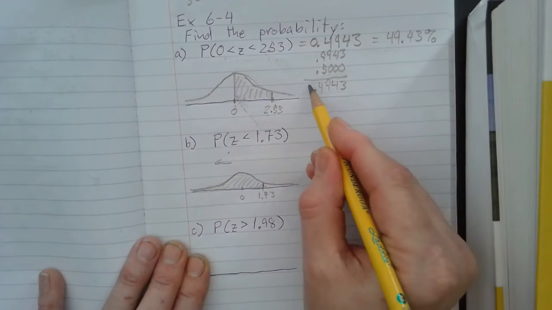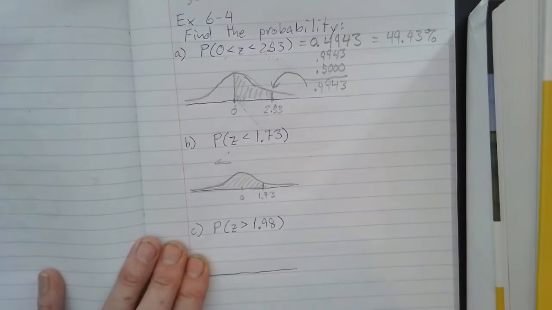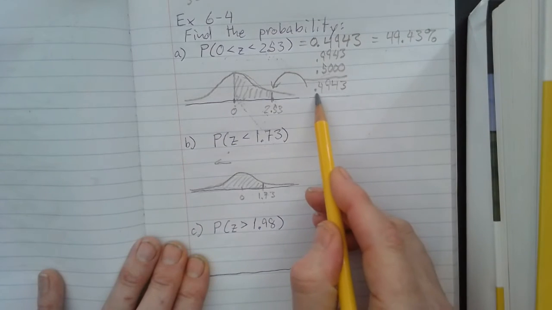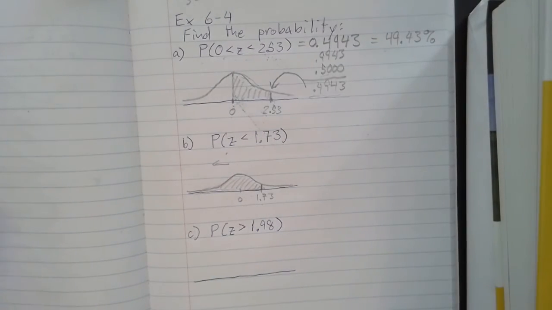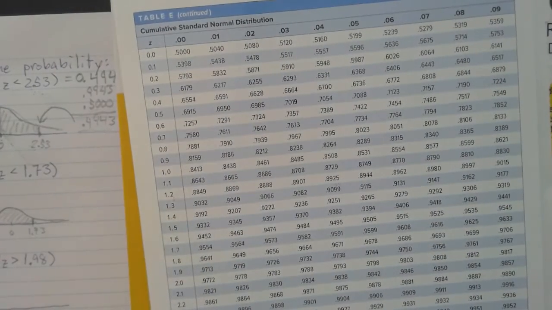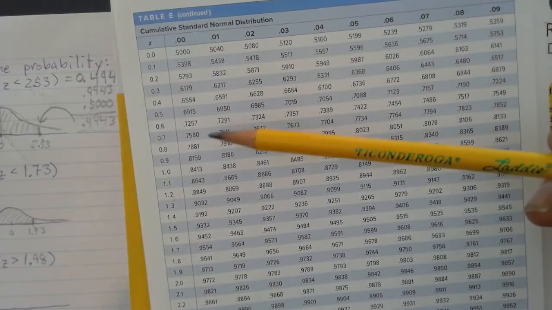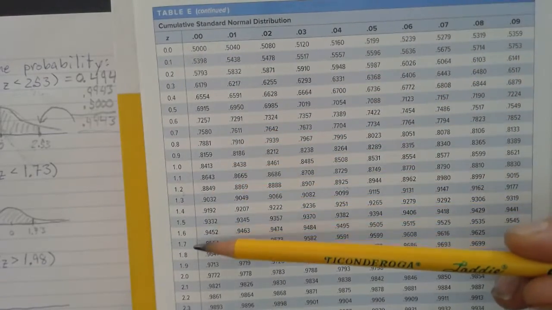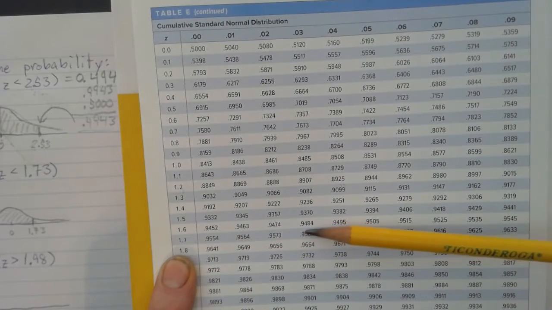Sorry, I have to go back up to the previous one and include that number. Okay, all right. Let's do that. Here we're on the same side as we were, the positive Z values. We're going to slide down to 1.7 and then go over to 0.03.